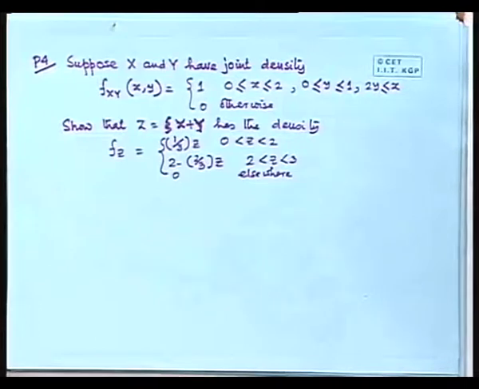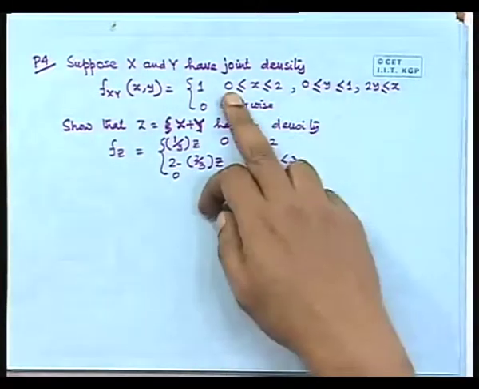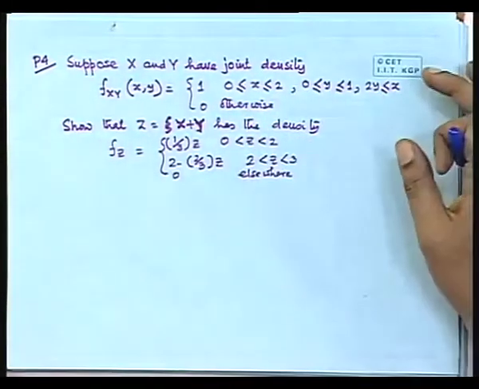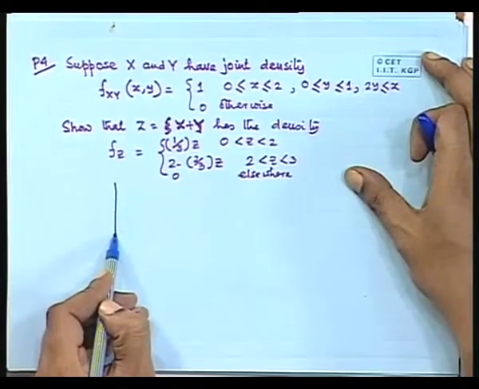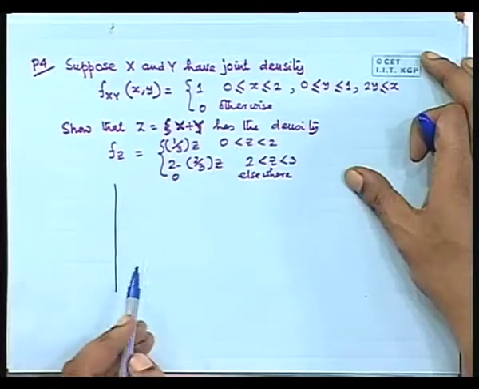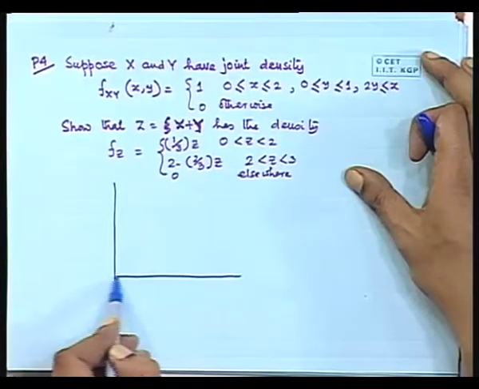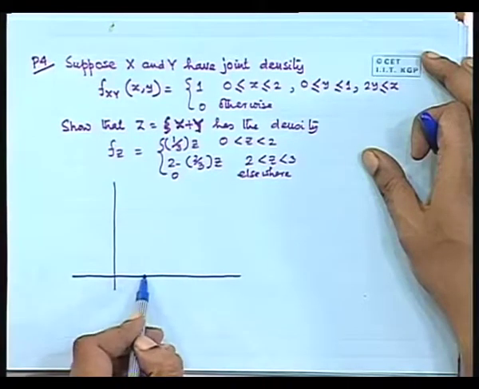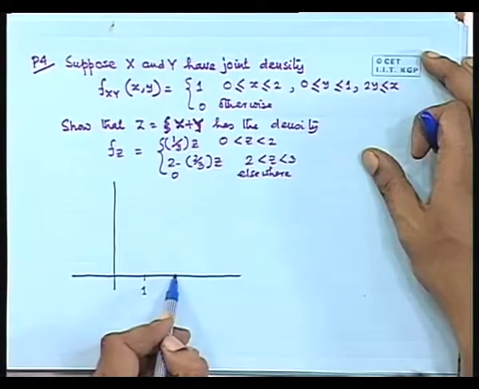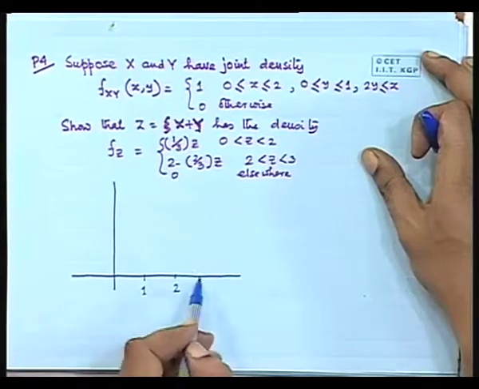Now we have another one. First read the problem. Suppose x and y have joint density fxy, characterized like this. So how does it look? Looks like this. Suppose this is 1, this is 2, this is 3.